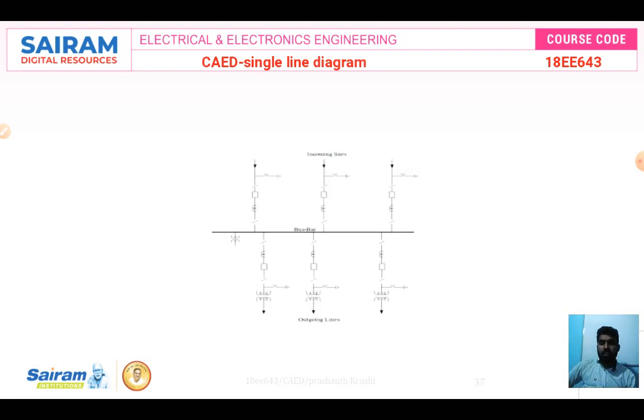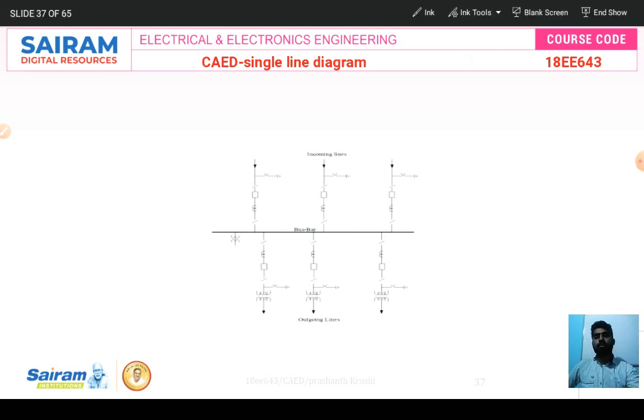And this is a diagram for your understanding. See, 3 incoming lines and 3 outgoing lines, and the bus bar is present, right? So this is the lightning arrester. This is the circuit breaker, this is CT, this is the isolator switch, and this one is PT, a normal transformer.